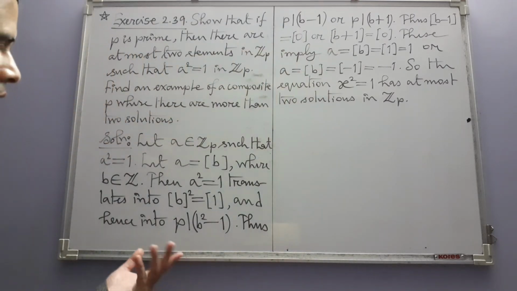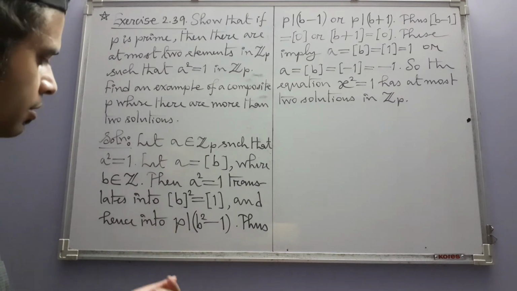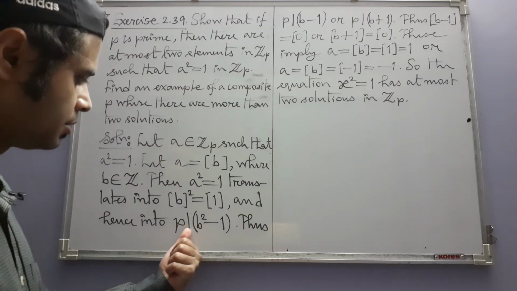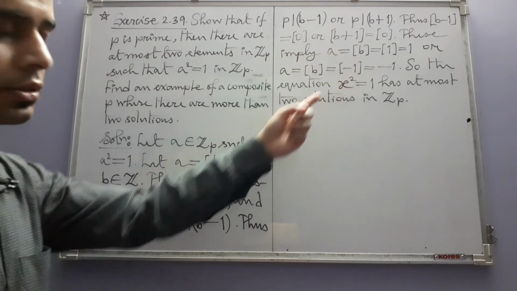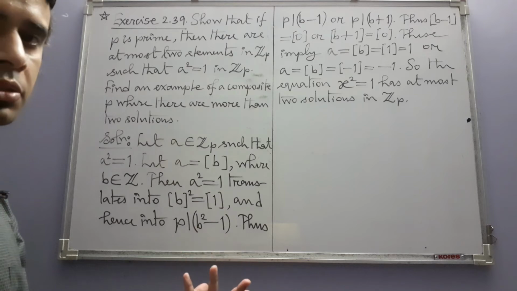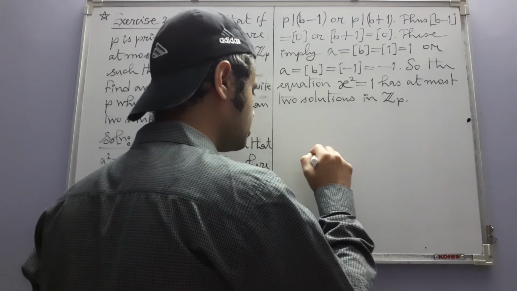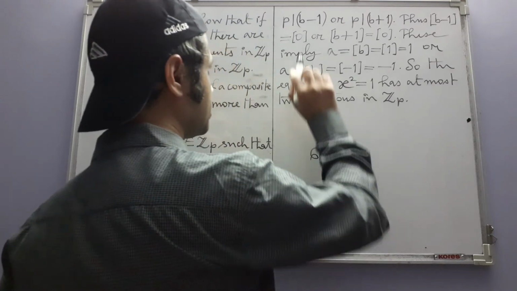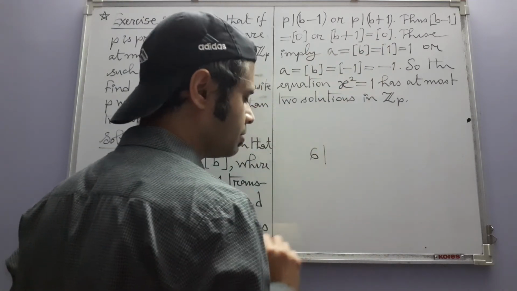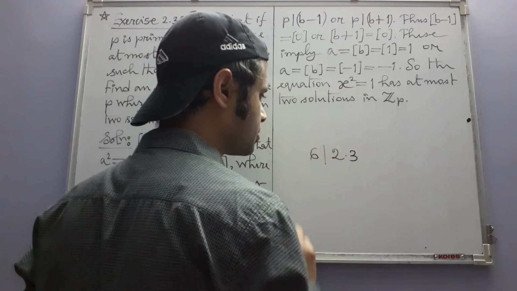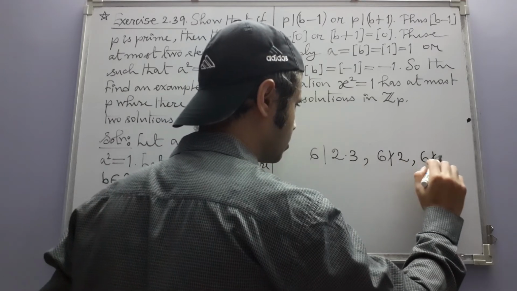Now you can see that the primality of P has played a role. Only because P is a prime have we been able to write that either this happens or this happens. This clearly is not the case when P is not a prime. For example, 6 is not a prime, and 6 divides 2 times 3, but 6 neither divides 2 nor divides 3.